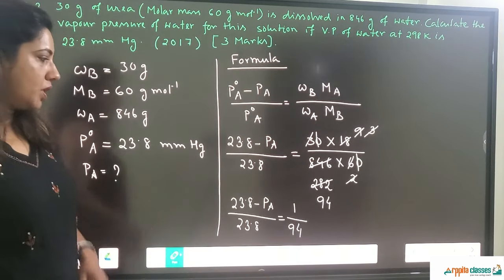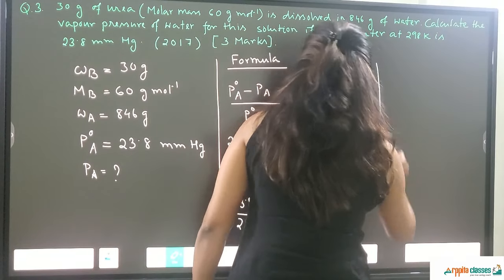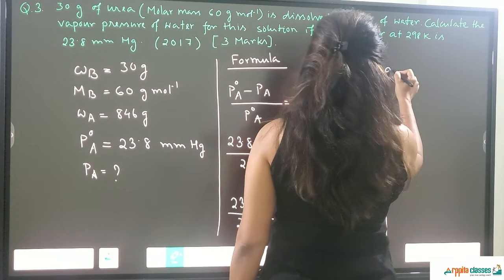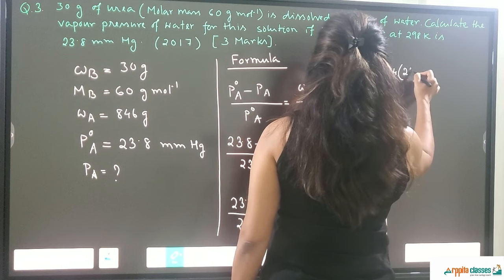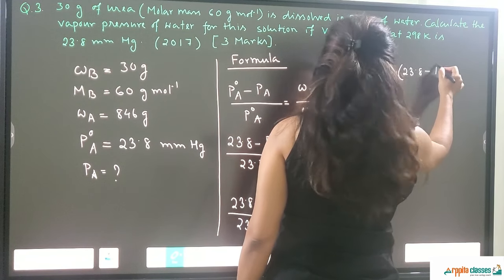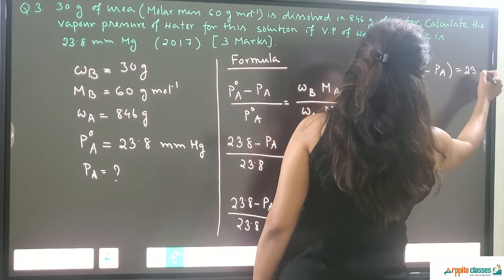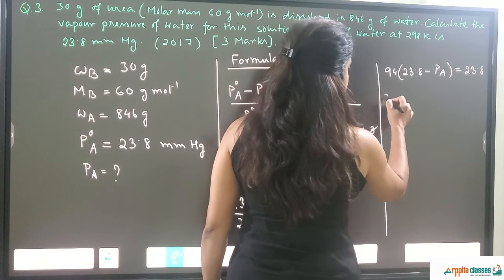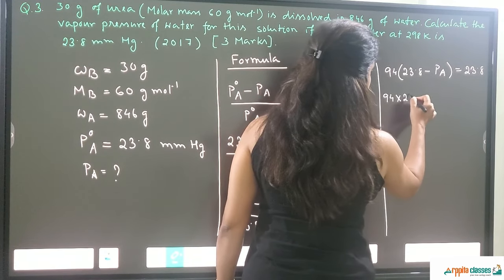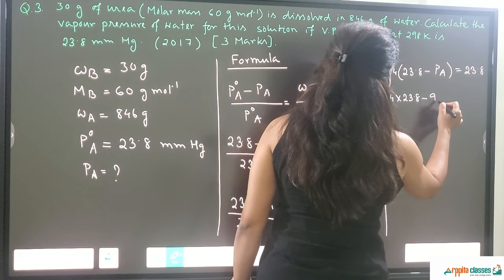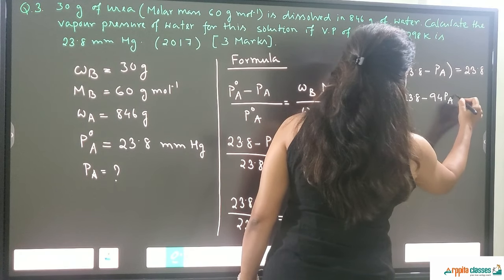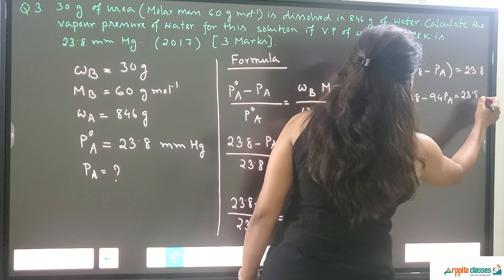Now we have to just cross multiply this. So it will be 94 into 23.8 minus PA will be equal to 23.8. So this is 94 into 23.8 minus 94 into PA will be equal to 23.8.